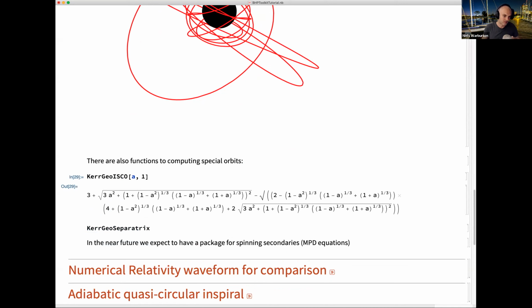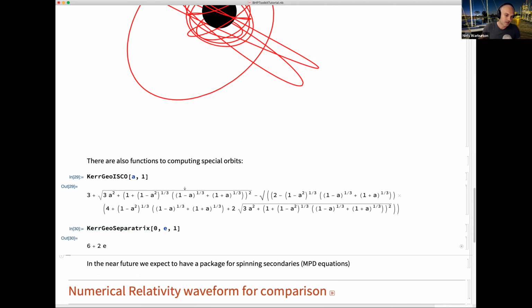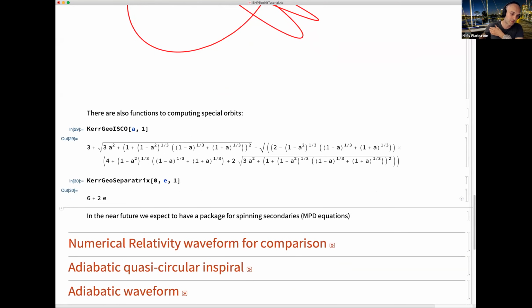And the line between those is known as the separatrix. Again, sometimes that can be computed analytically. So in the Schwarzschild spacetime, it's a equals 0, for arbitrary eccentricity, and in the equatorial plane, then p at the separatrix is equal to 6 plus 2e. So this is returning p at the separatrix.